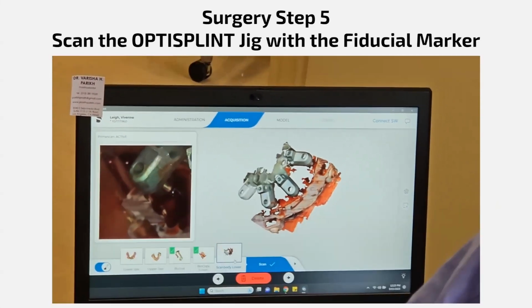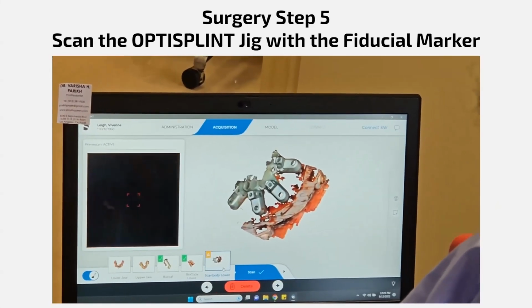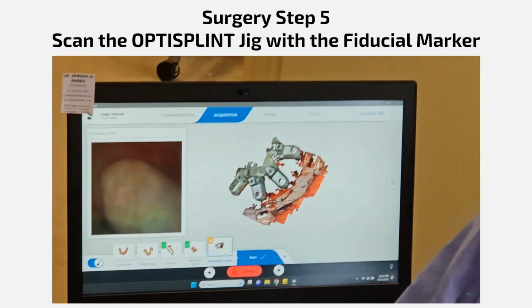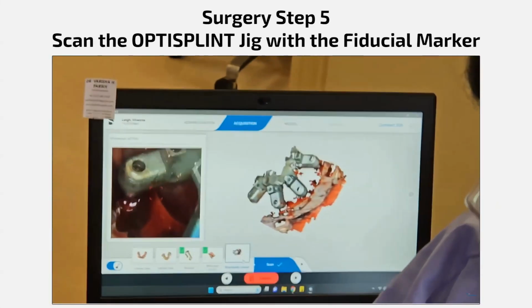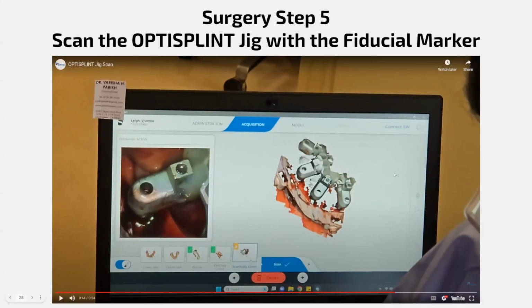Now with this scan, you don't have to capture every single part of everything. You're just trying to capture as much as you can, but it really is about making sure that you scan some part of the OptiSplint to the fiducial marker. This isn't the implant accuracy scan.